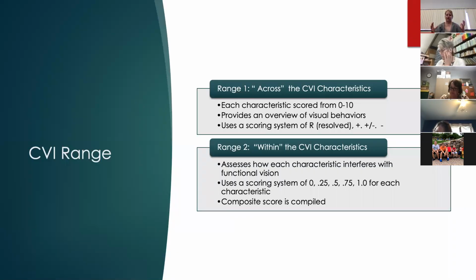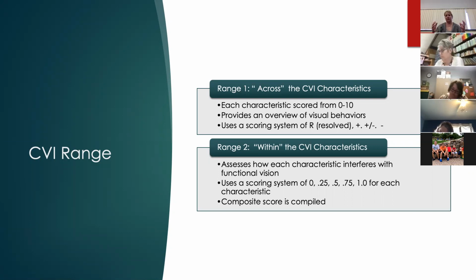You take that information and we look at 2 different kinds of ranges in this assessment. We look at range 1, which tells us across the CVI characteristics. Each characteristic is scored from a 0 to a 10. Since CVI doesn't ever really go away, there's rarely a 10.